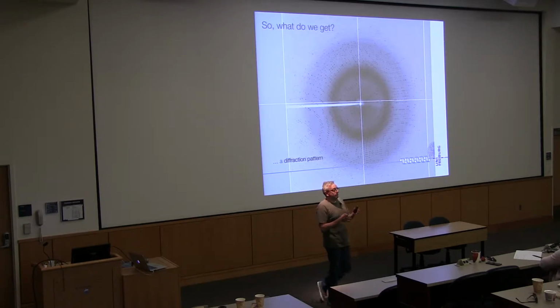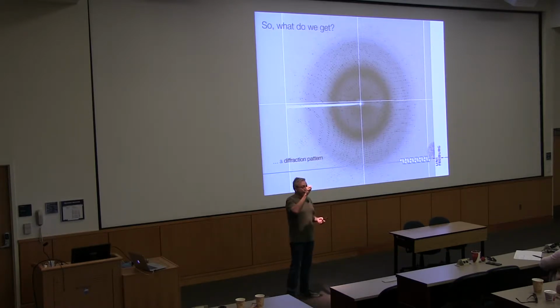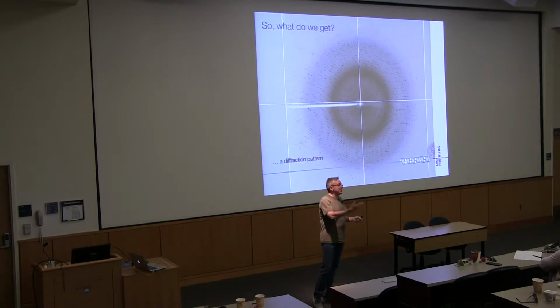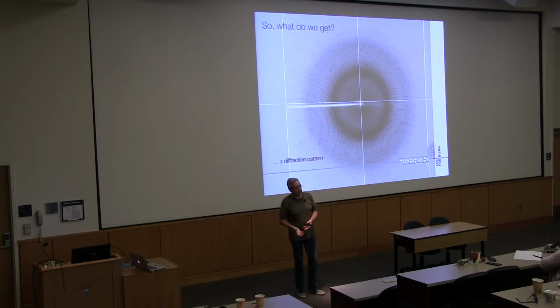And this is an image that changes if you move your crystal in the X-ray beam. So it's orientation dependent, because this, in fact, is a lattice of dots. That's a 3-dimensional lattice, and you only get a somewhat weird 2-dimensional slice through this 3-dimensional lattice.